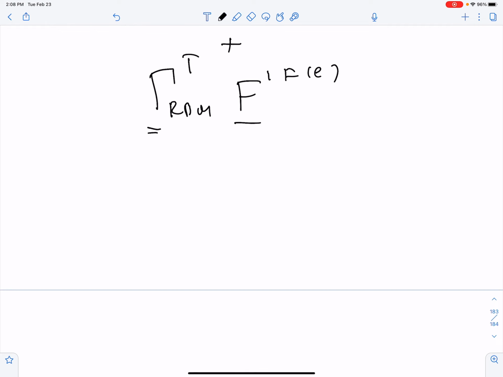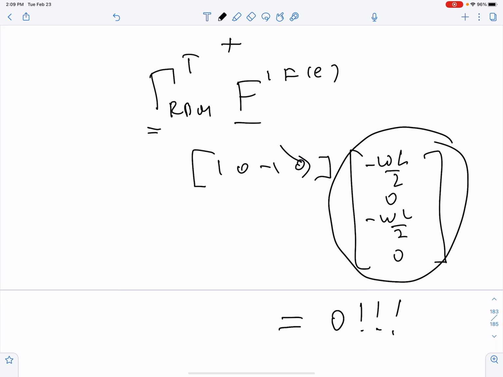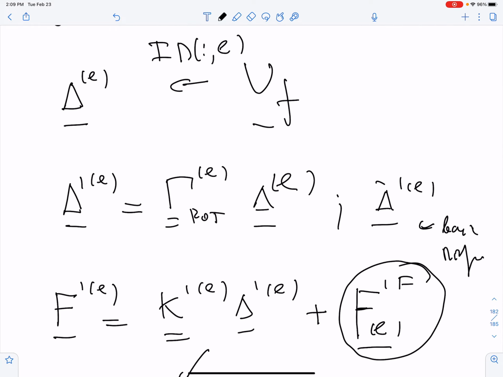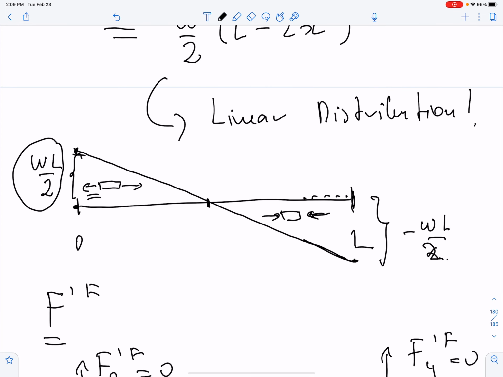If this is a constant load, this guy was minus WL over 2, 0, minus WL over 2, 0. And if you apply gamma RBM transpose, you get exactly 0. So you do have element end nodes, but there is no force in the basic system. It's related to the fact that the force is distributed like this: you have a tension region and a compression region, but on average, the force is 0.